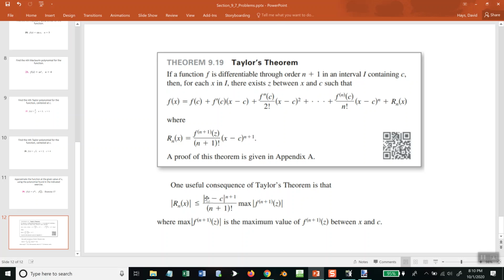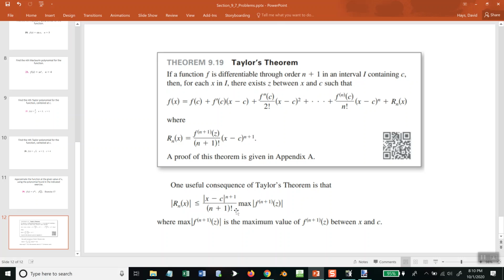I'm not going to have you do it, but you'd plug in your c, plug in your x if you have one, your n, and then you find the derivative, and then you take the maximum. Remember that from Calc 1, where you take a derivative, set it equal to 0, and solve it. Those are your critical values, you build your test cases, do your increasing, decreasing, find your max, and so forth.